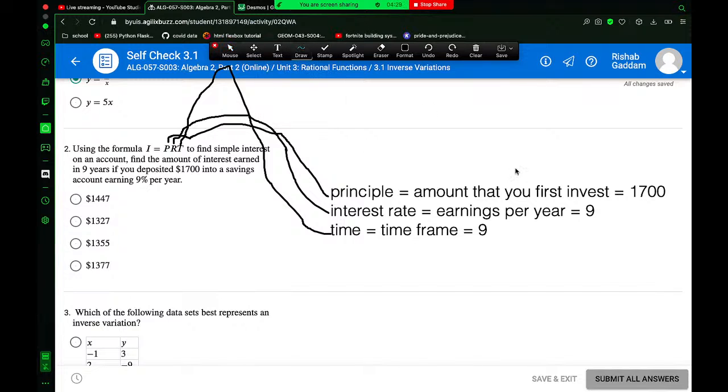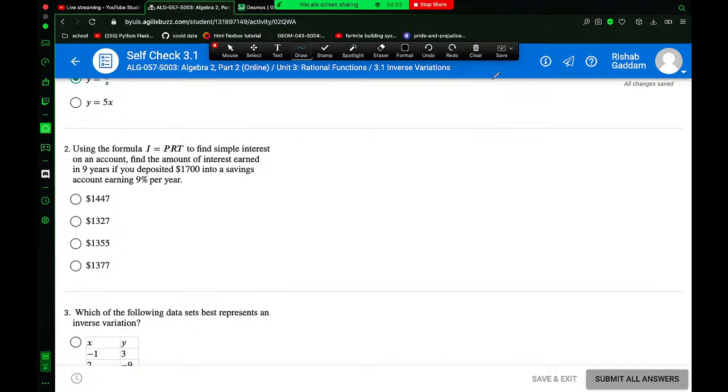This time frame is going to be 9, but the interest rate, you have to divide by 100 because it's a percent. 9% is 0.09, so you get 0.09 times 1,700 times 9. Once you calculate that, you get your final answer. So what did you get, Manya? Let me get a piece of paper, solve this, and I will be back.